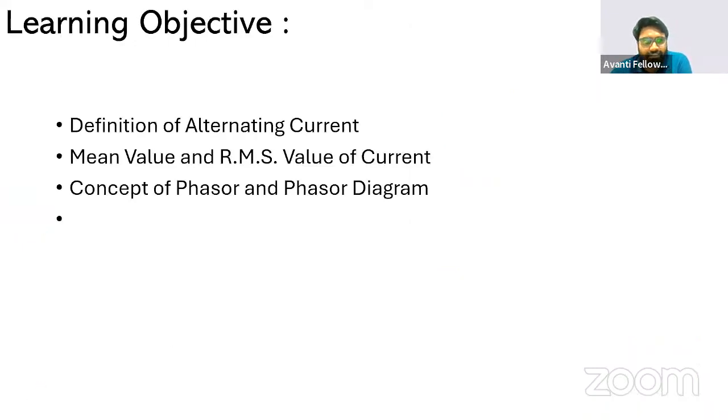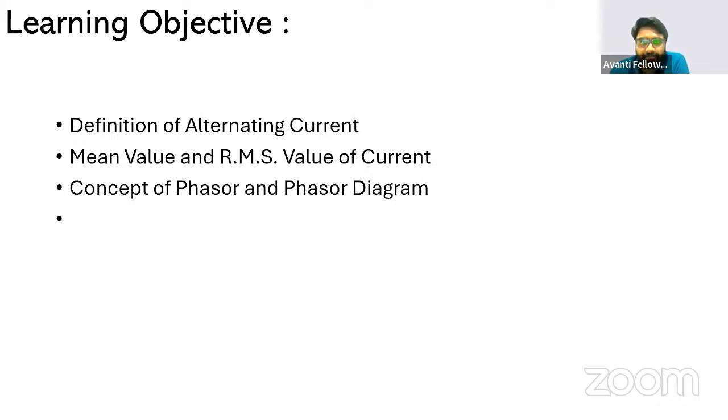Okay, चलिए. So first of all, the learning objective of today's class is the definition of alternating current. We know about current from current electricity, that current is nothing but the rate of flow of charge per unit time. But what actually is this alternating current? I can guess by the name, alternating means something is oscillating.